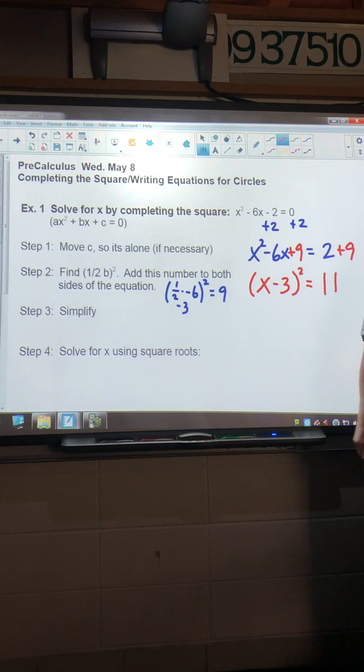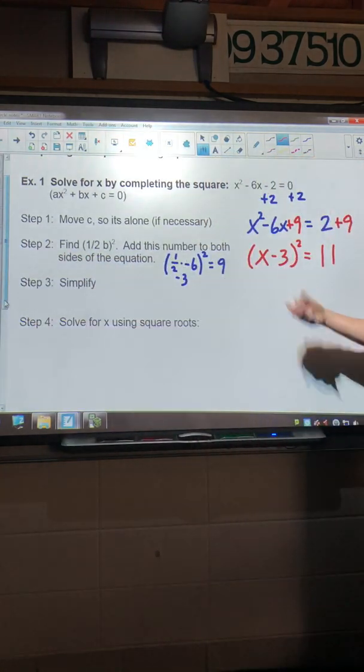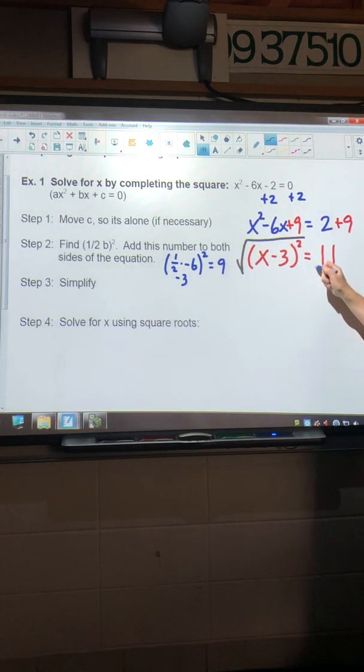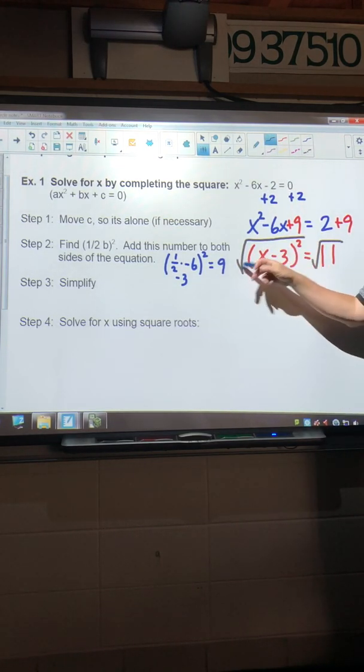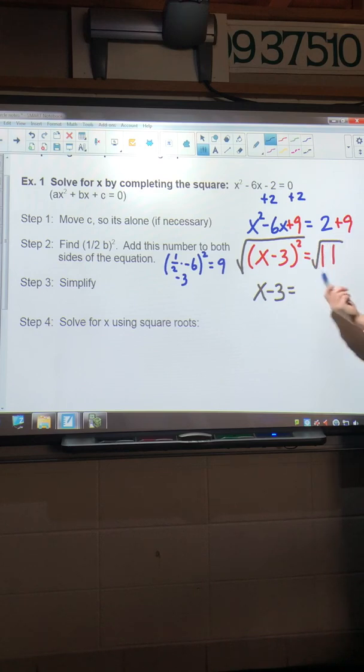Step 4, solve for x using square roots. We take the square root of both sides of the equation. The square root cancels with the square there. We just have x minus 3. And remember, when you take the square root of both sides of an equation, there are 2 roots. So plus or minus the square root of 11.